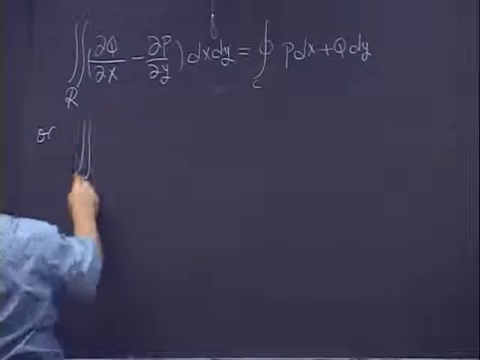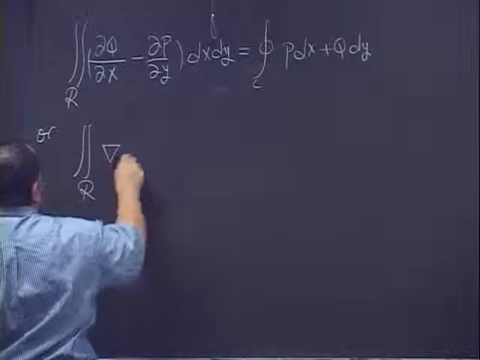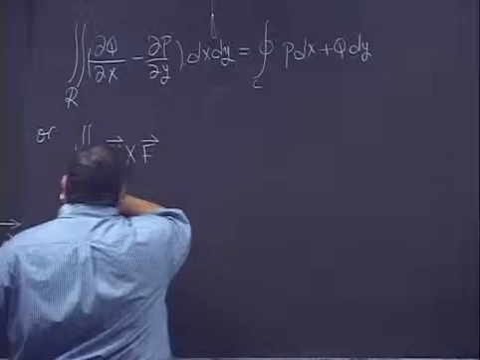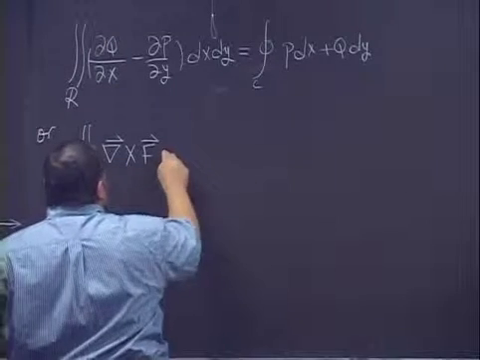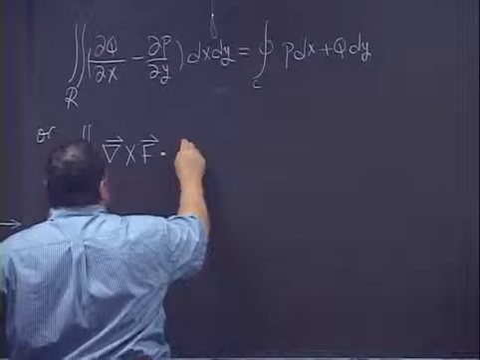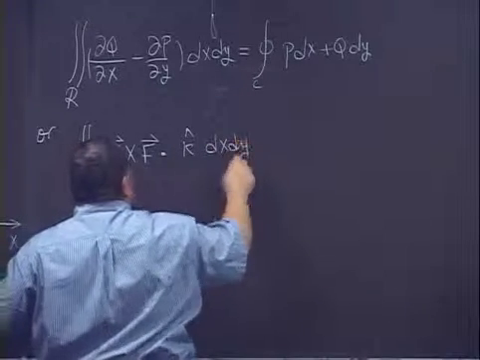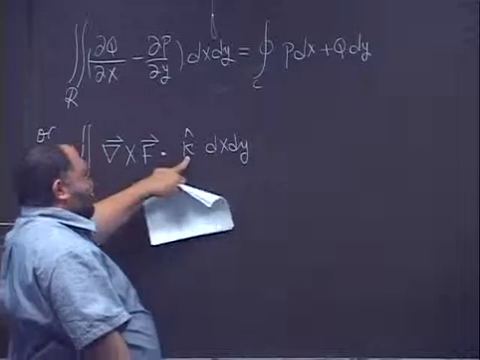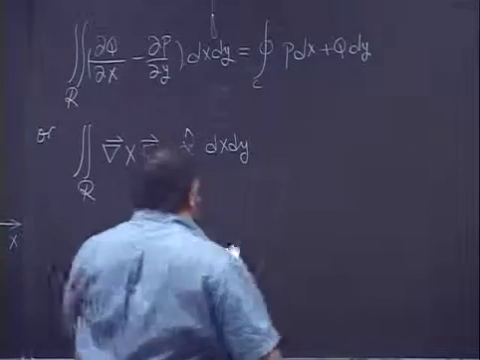Another form of Green's theorem is the integration over R of the curl of a function F integrated over an area. The area is located in the xy plane, and the unit vector for the area is perpendicular to the area, so it will be in the z direction.